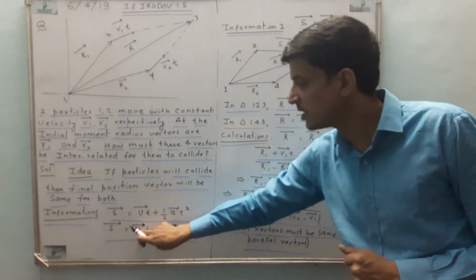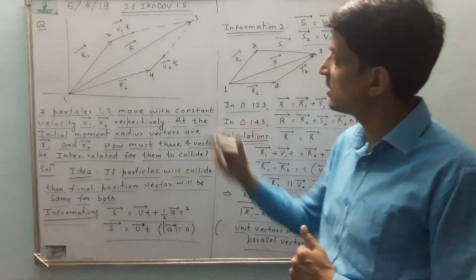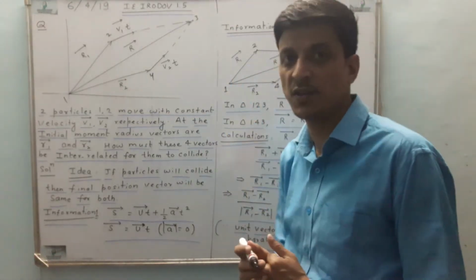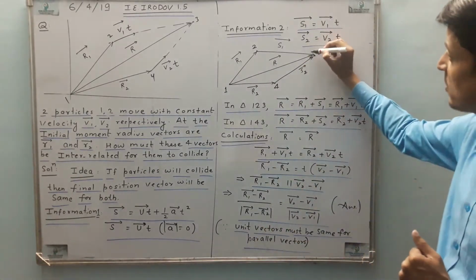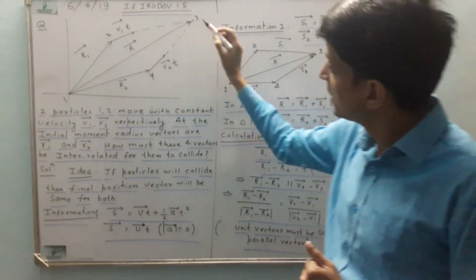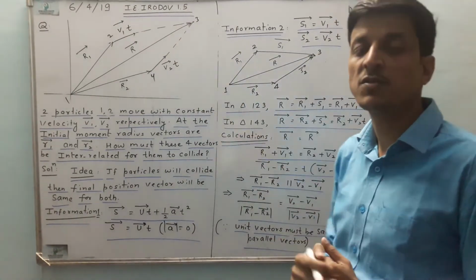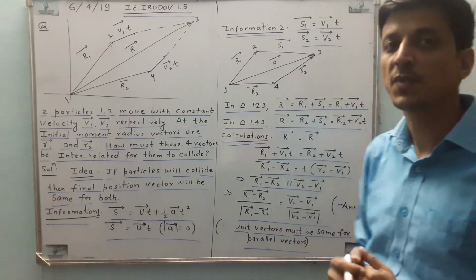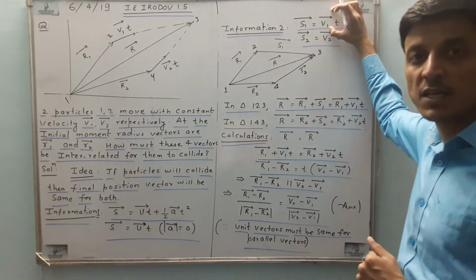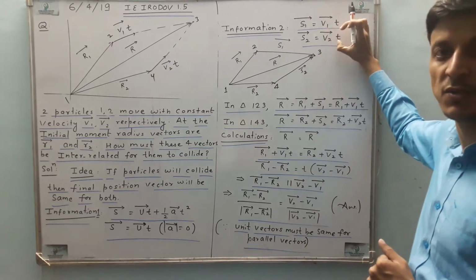Because displacement is related to velocity and time, suppose after time t, these particles collide at point 3. The displacement for the first particle will be v1 into t because its velocity is vector v1. Similarly, the displacement for the second particle will be v2 into t because its velocity is vector v2. So we have vector s1 equal to vector v1 into t, and vector s2 equal to vector v2 into t.